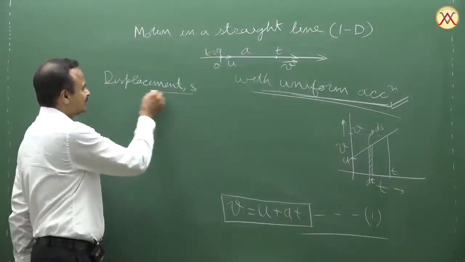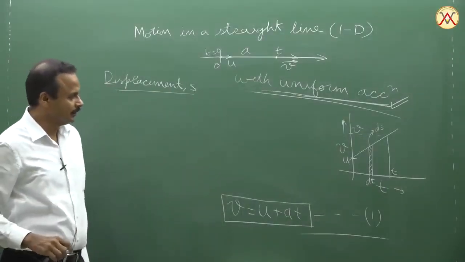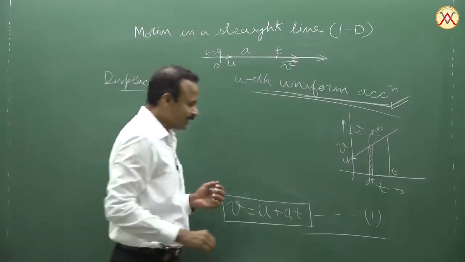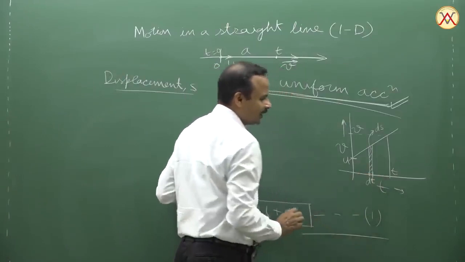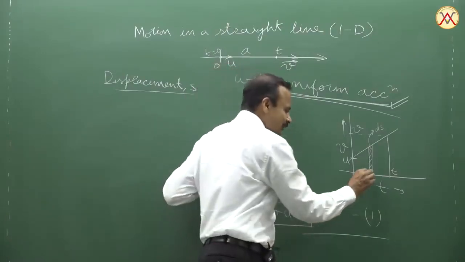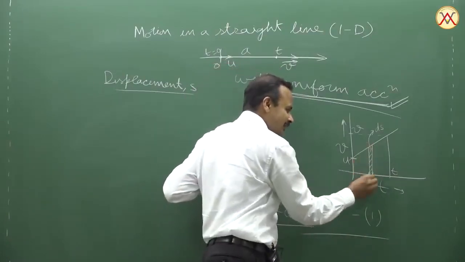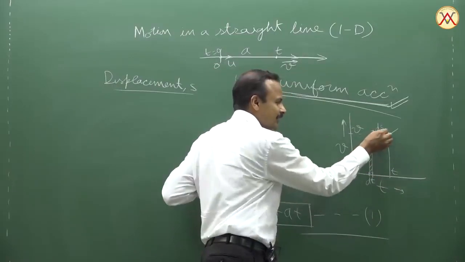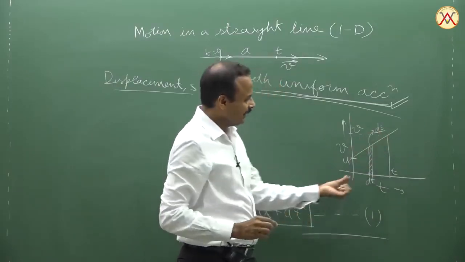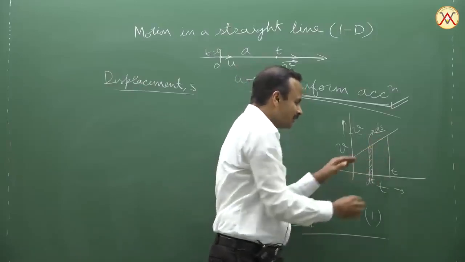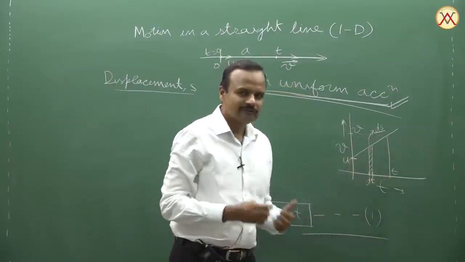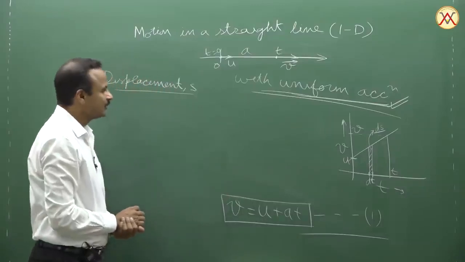If s is the displacement of the particle, we can see that for a small time duration dt, displacement will be given by this very thin area here, ds, and by integrating this, which means the total area under the velocity time graph, we will get the displacement.